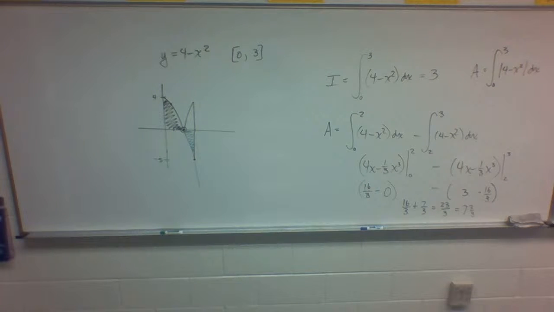H is this function's antiderivative. So if I differentiate h, I'm going to get this function. If I differentiate this function, I will get h double prime, which is where I'm talking about inflection points. So what I'm looking for is where the derivative of that blue function changes signs, because that's where I'll have an inflection point in h.